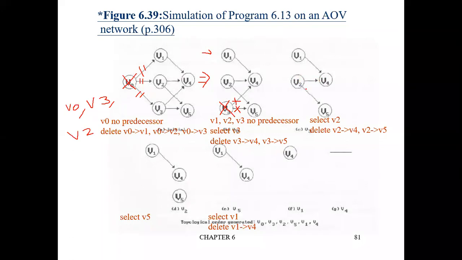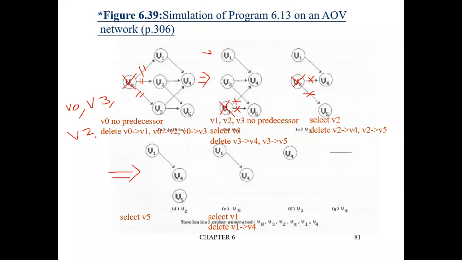Yes, we have 2 outgoing edges, V2 to V4 and V2 to V5. Good, Rupa. Delete these 2 edges and delete this vertex also. So this is the resultant graph you got.